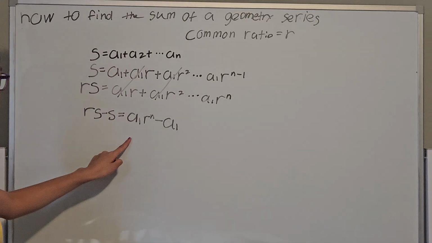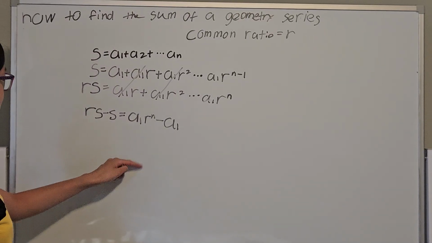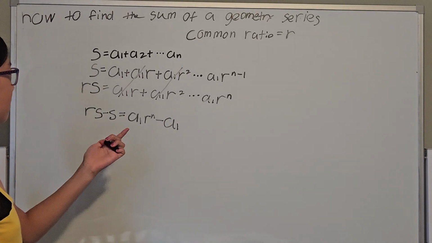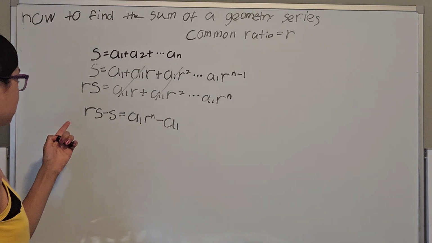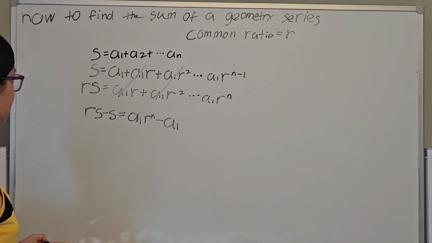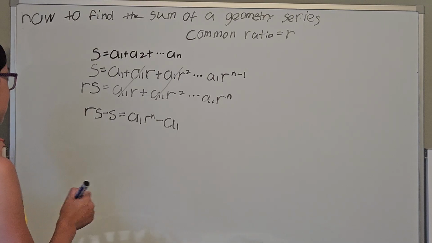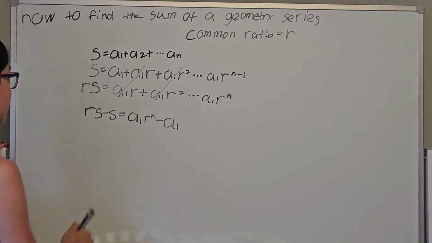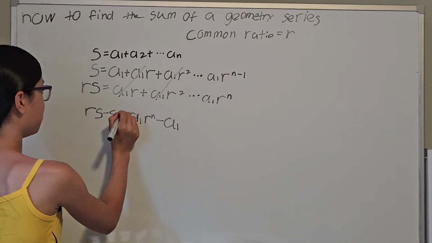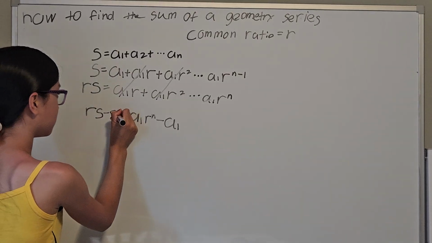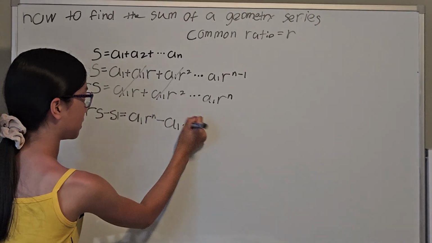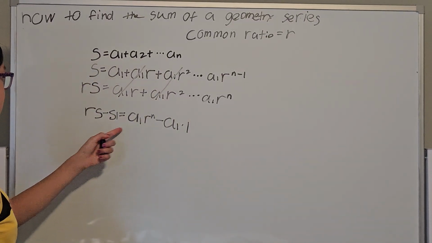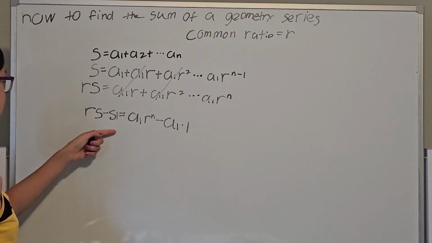So now that we have this, we could simplify it to get what S equals, the sum. So for example, this is S times 1, and this is A1 times 1. So we can factor out the S and the A1 here.